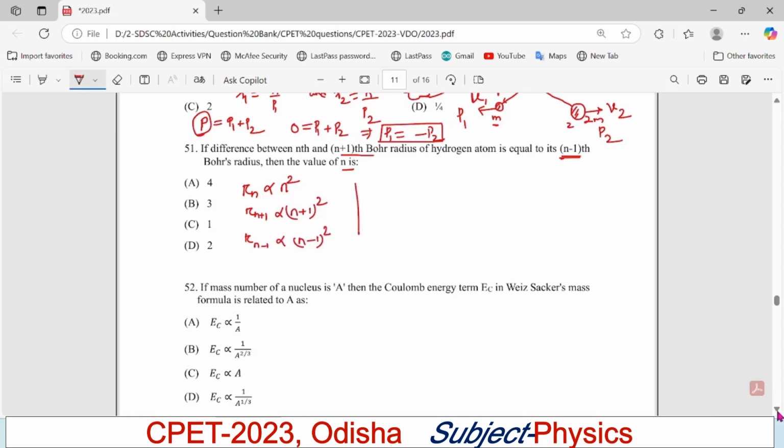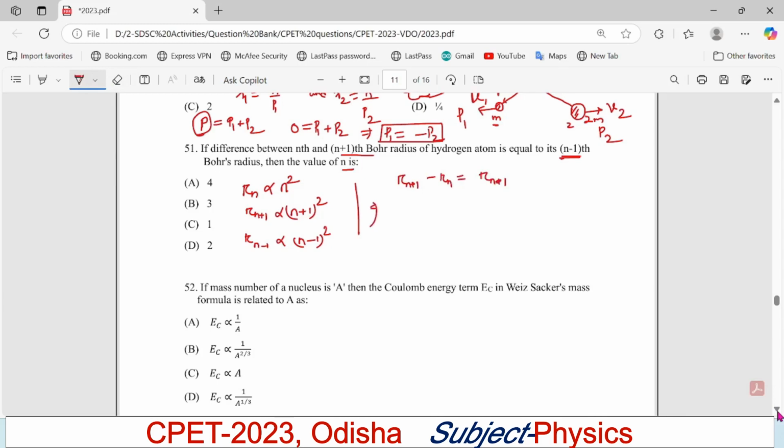As per the question, it has been given that the difference between nth and n plus 1th radius, that means the radius of n plus 1th minus radius of nth is equal to the radius of n minus 1th.